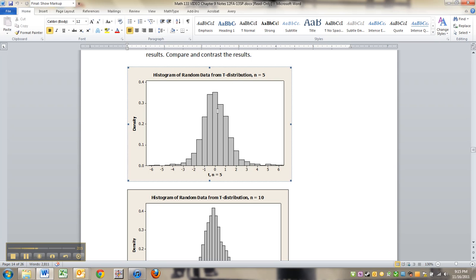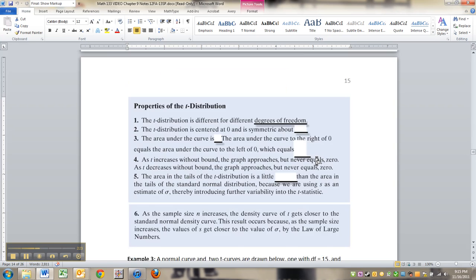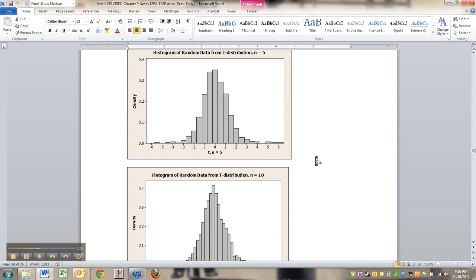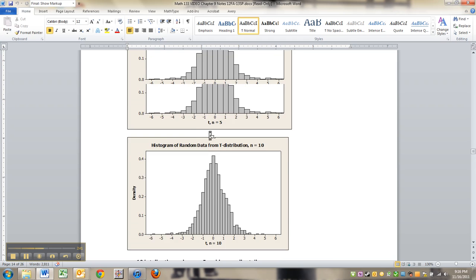So here's that same graph from before. This is when n is 5, same one. And here's when n is 10. Oops, not there. There he is. There's when n is 10. See? All right. Forgive me, because I wrote this all before, I already made a video and the computer ate it again. But the one where n is 10, look, it's a little bit taller than this one.